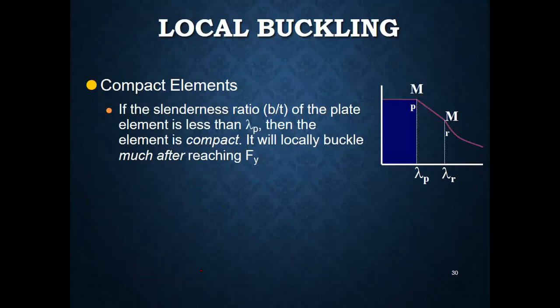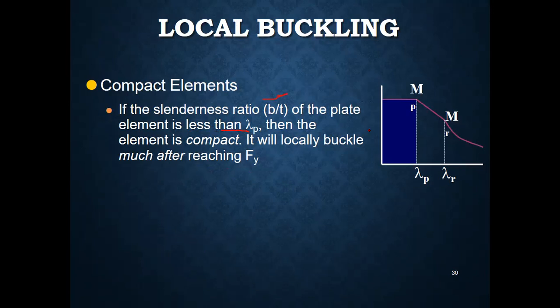Coming towards the compact section: if the slenderness ratio, that is the ratio of width to thickness of the plate or the beam element, is less than lambda p, that is the plastic lambda, then the element is said to be compact, and it will only buckle after reaching the yield stress.